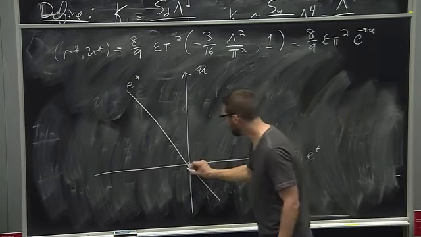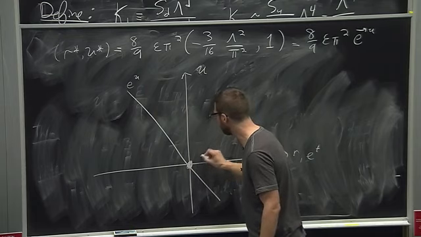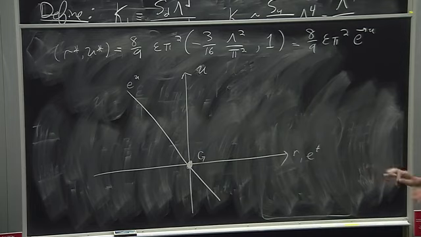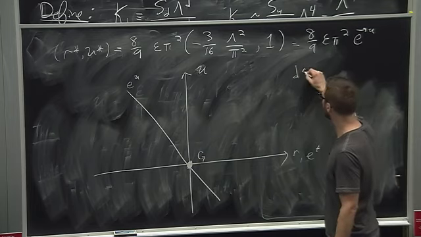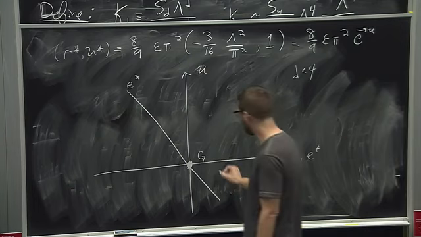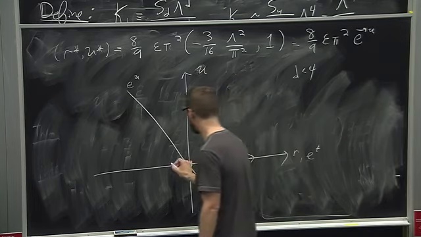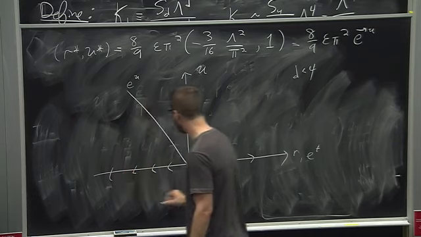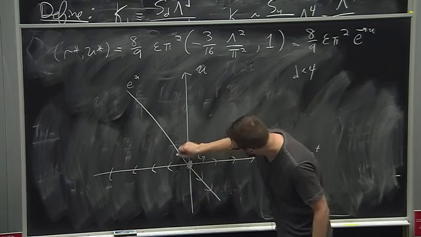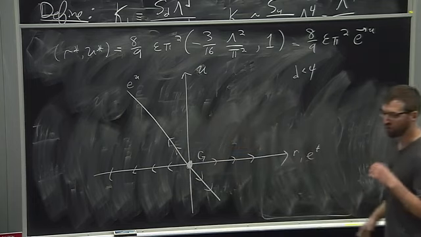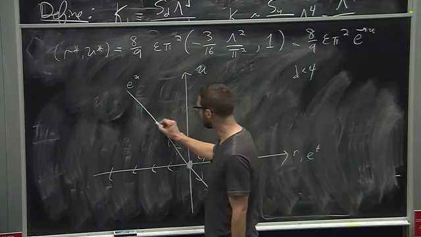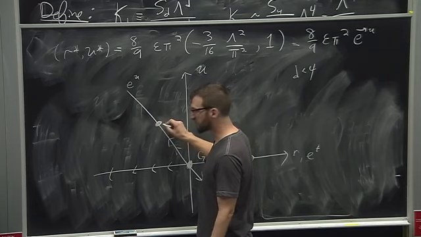So here's the Gaussian fixed point. Remember, we already analyzed all the flows for that for d less than 4. So they're all moving away, relevant. And then order epsilon along this axis from the Gaussian fixed point is the Wilson-Fisher fixed point.